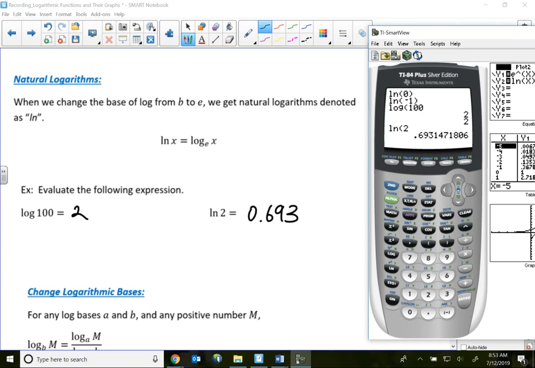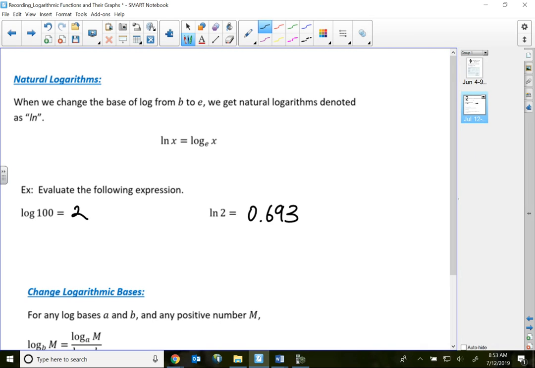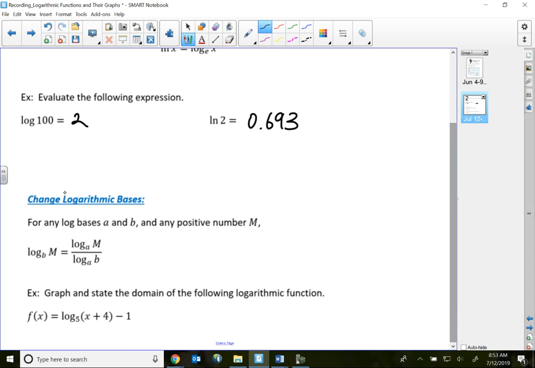My calculator is using base 10 for the log. So if I have a logarithm that does not use base 10, then this is very important: I have to use this formula called the change of logarithm base. For any log bases a and b, and with any positive number m, if I have a log with a base b of m, let me give you an example.